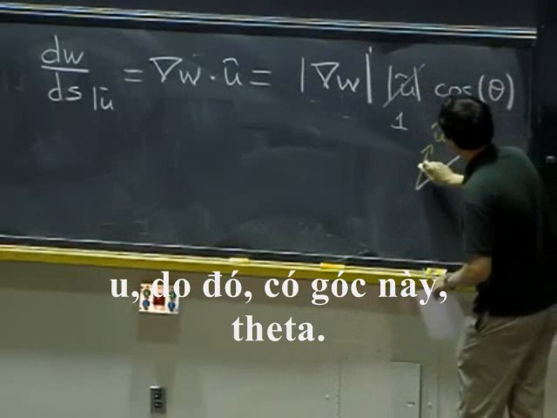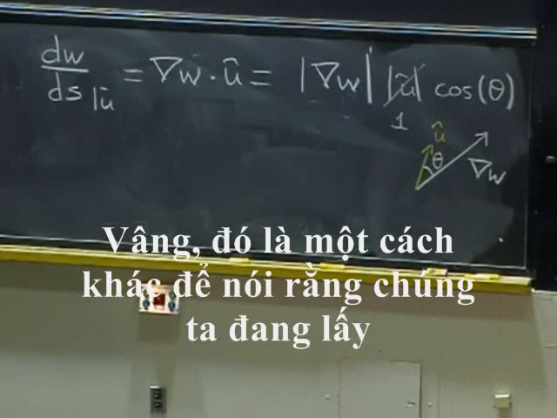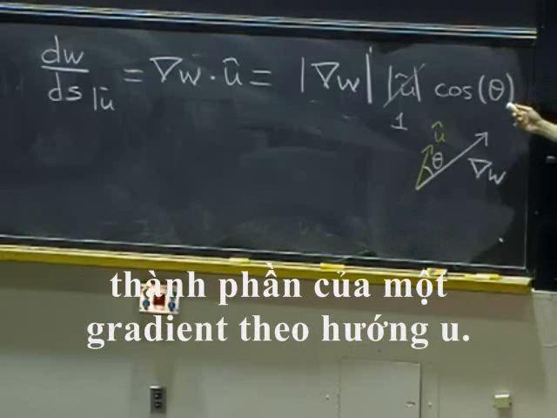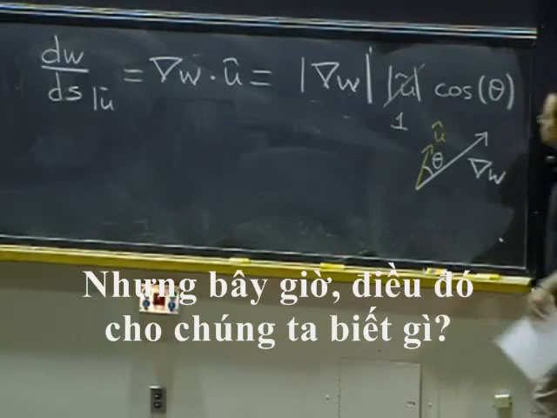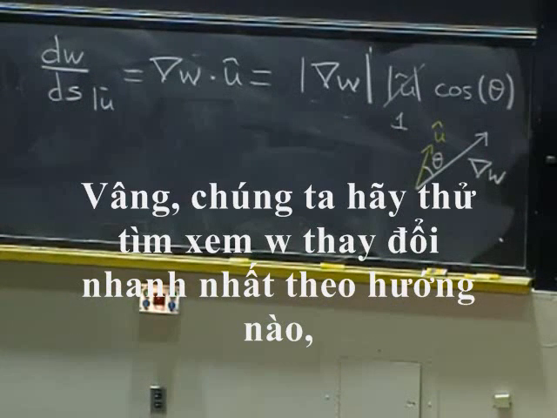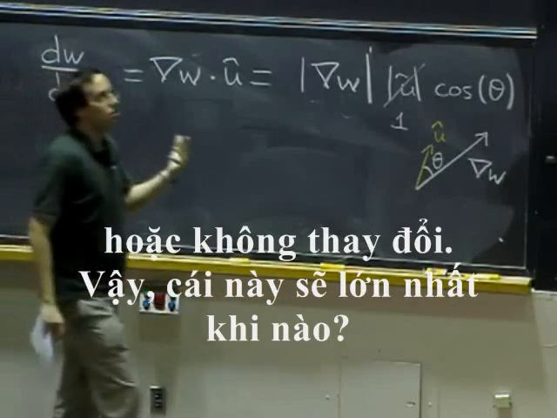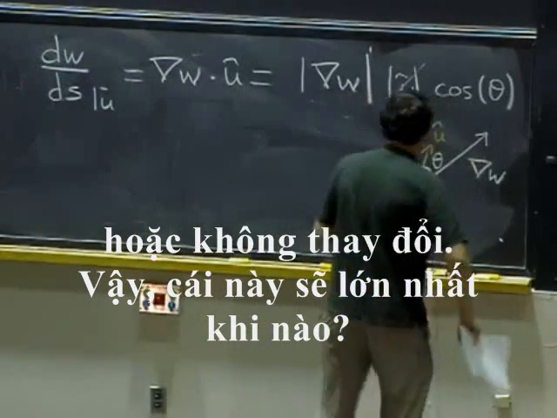So we have this angle theta. That's another way of saying we're taking the component of the gradient in the direction of u. But now, what does that tell us? Well, let's try to figure out in which directions w changes the fastest, in which direction it increases the most, or decreases the most, or doesn't actually change.